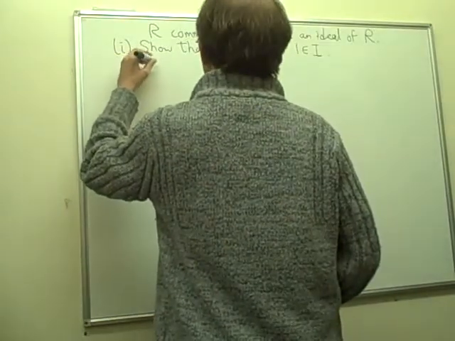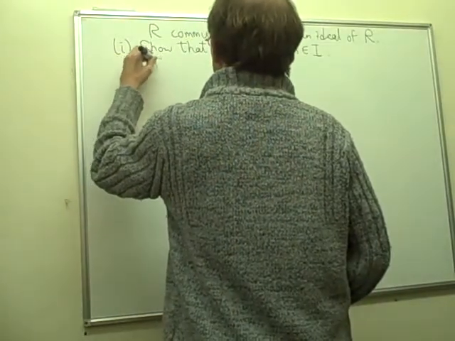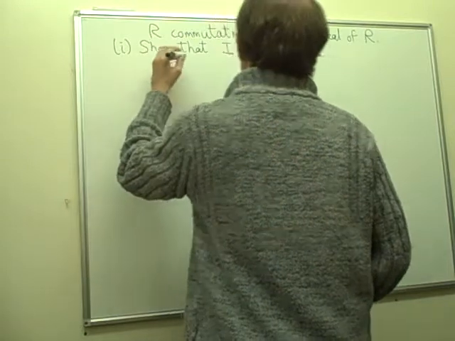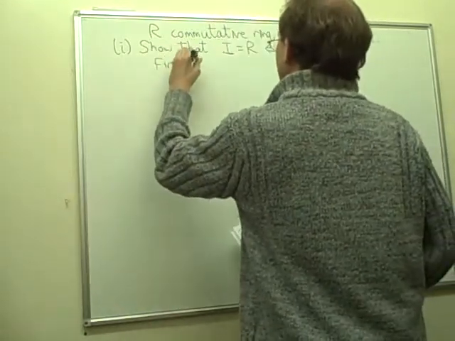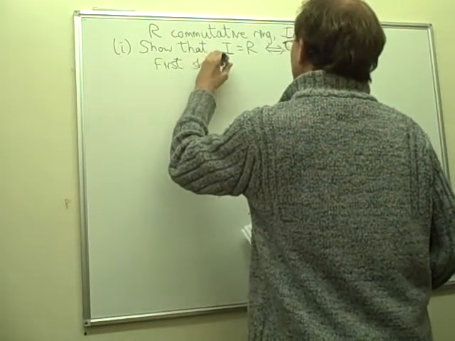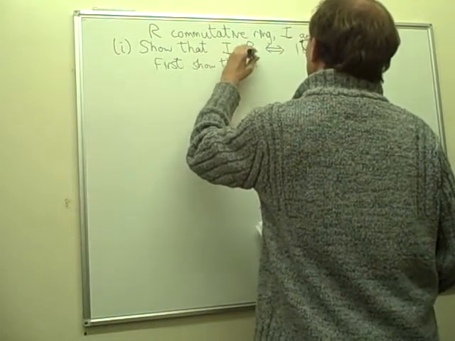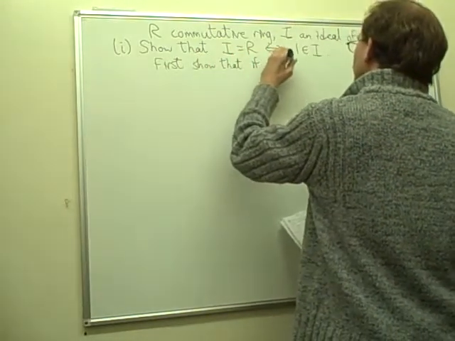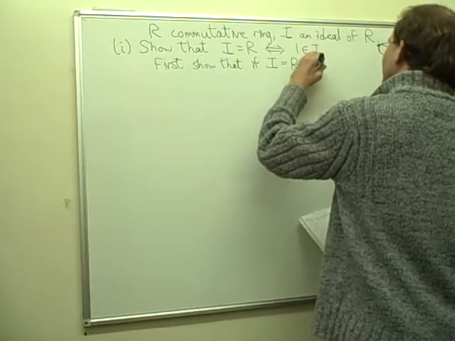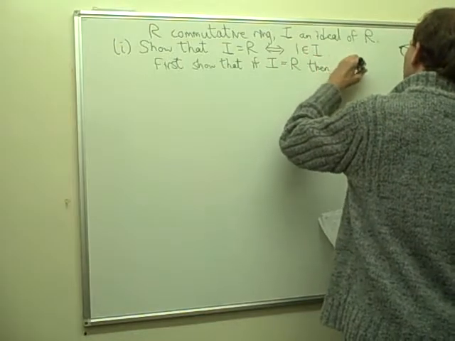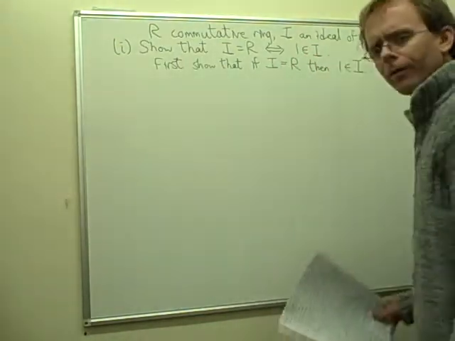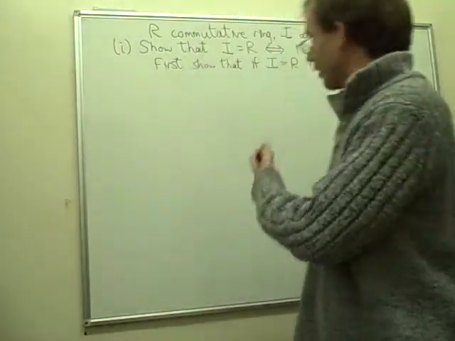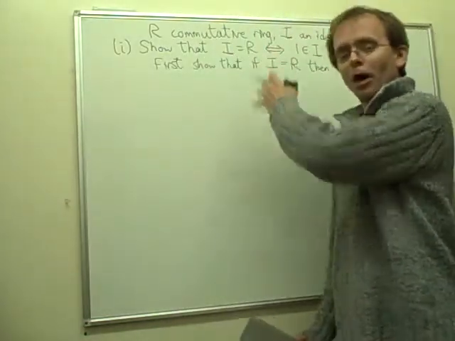So let me just say what I'm going to do. So first, show that if I equals R, then 1 is an element of I. Well, I'll hit on the easy half to begin with.